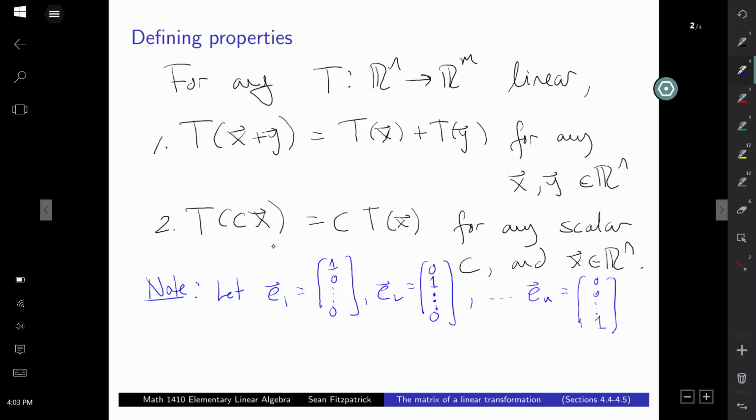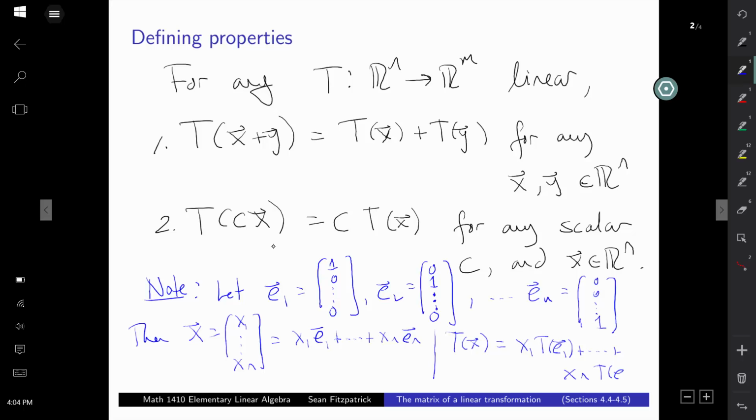Then if I have any general vector x equal to x1 down to xn, I can write it as x1 times E1 up to xn times En. And if I wanted to calculate T of x, using properties 1 and 2, it tells me that T of x is going to be x1 T of E1 plus, down to, xn T of En.